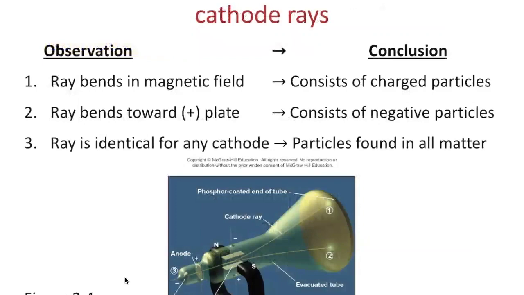We don't need to know the details of the experiment itself, but what you do need to know is that with the cathode experiment, he was able to conclude that an electron had a negative charge. He cannot discover the magnitude of the charge, and you don't need to know the magnitude, but he was able to discover that it was a negatively charged particle.